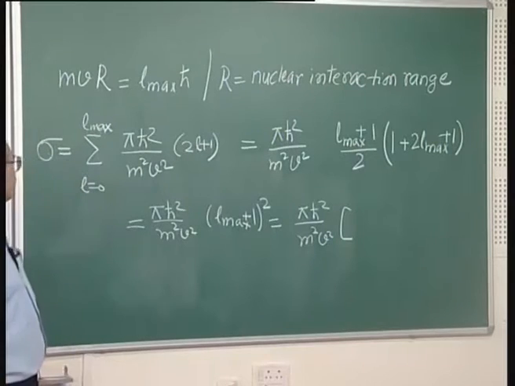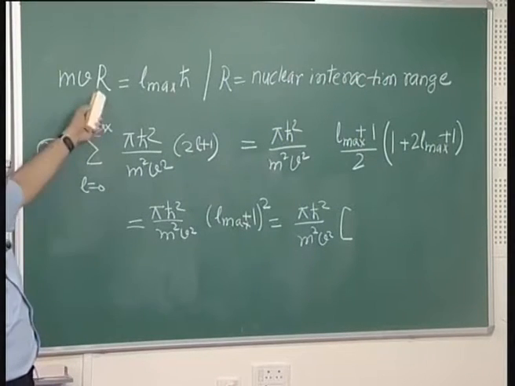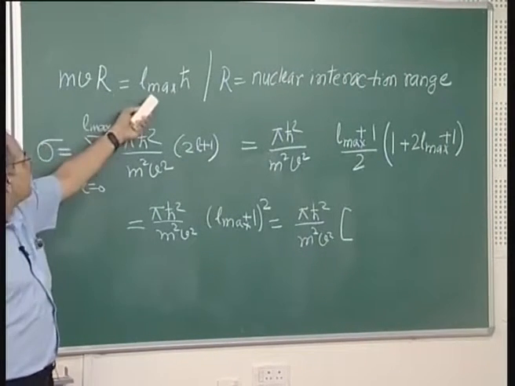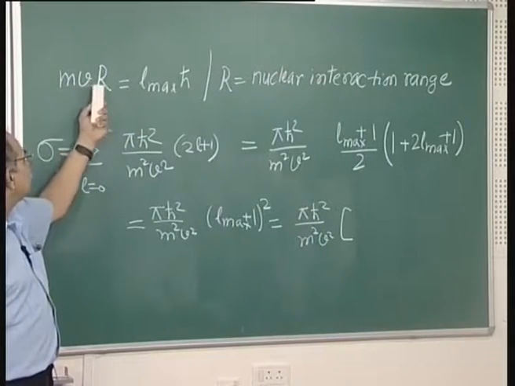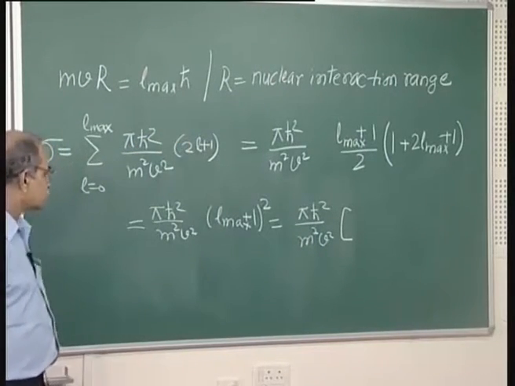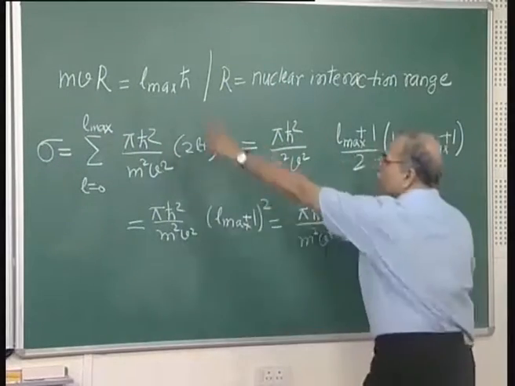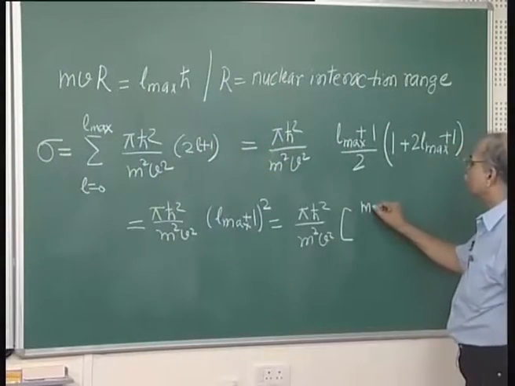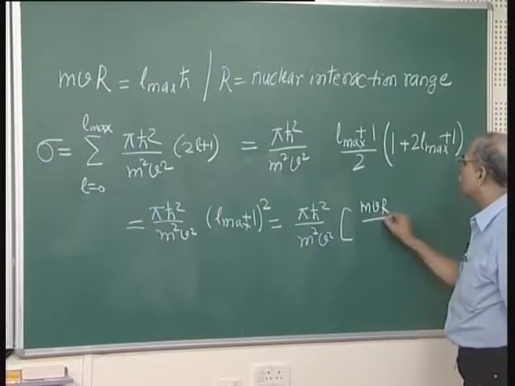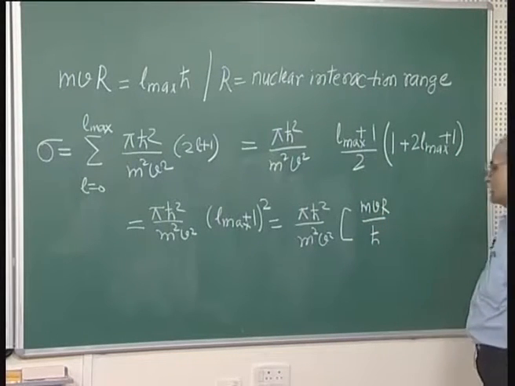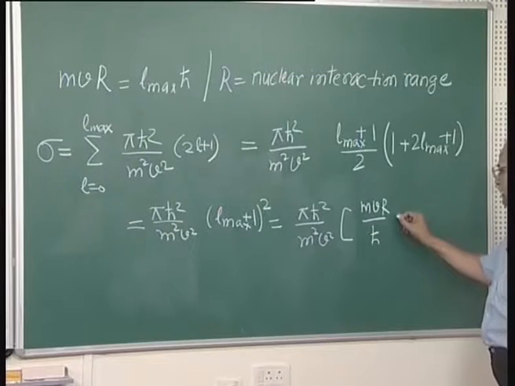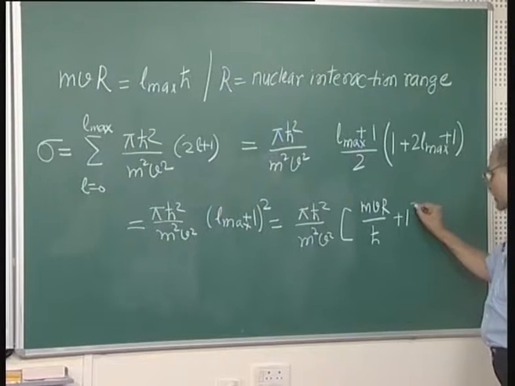Where is L max? L max is given by this. So, L max is m v capital R by h cross. This is L max, and plus 1 square.